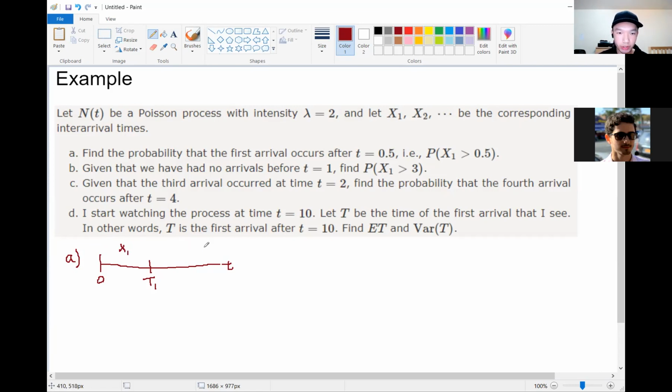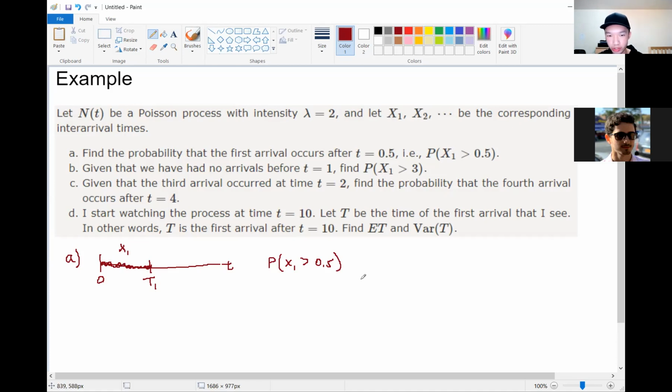The question asks for the probability that the first arrival occurs after 0.5. In other words, find the probability that x sub 1 is greater than 0.5. We want to know the probability that this distance is greater than 0.5.